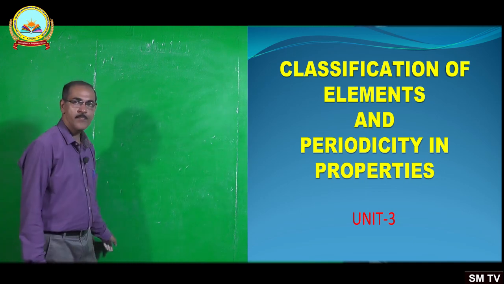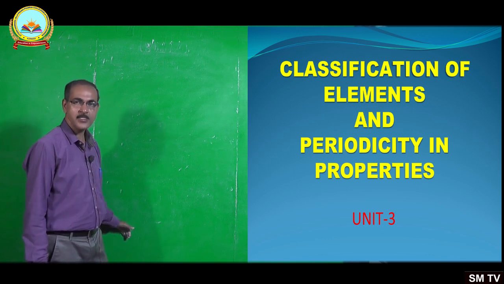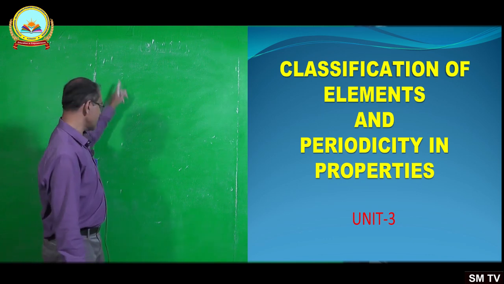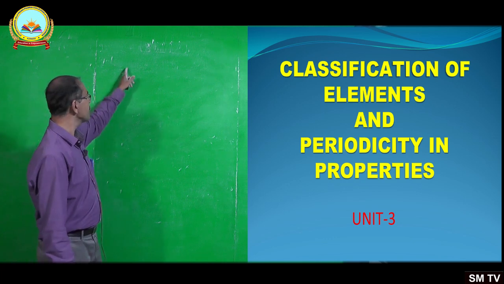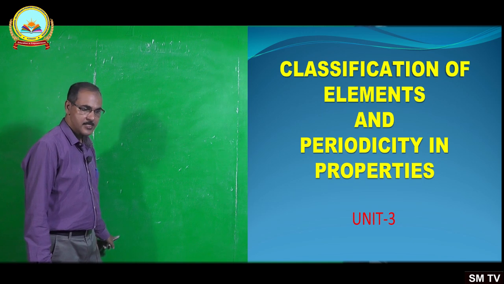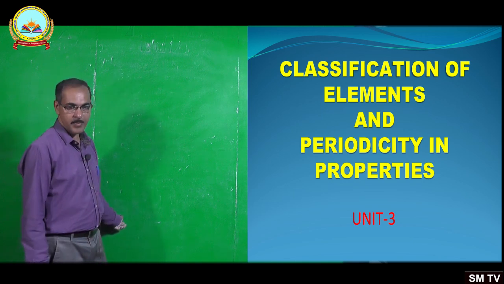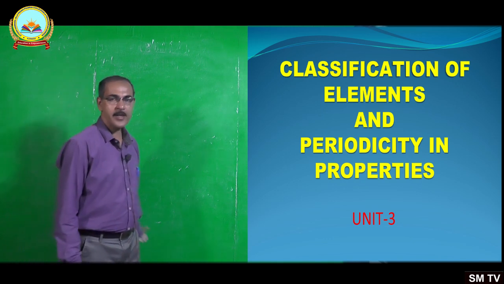Down the group, your atomic radius increases, then ionization enthalpy decreases, electronegativity decreases, then electron gain enthalpy becomes less negative.